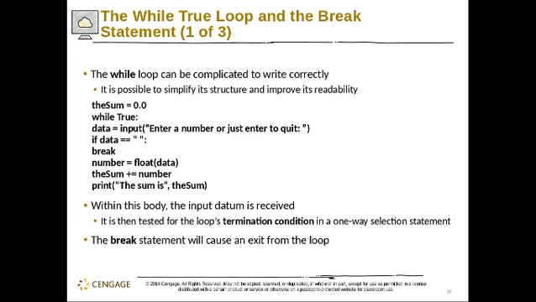It's a bit difficult because the while specifies the true condition of the loop, so it's a bit complicated to write correctly. It's possible to simplify the structure and improve its readability. Within this body, the input datum is received and then tested for the loop's terminal condition, and the break statement will cause an exit from the loop.